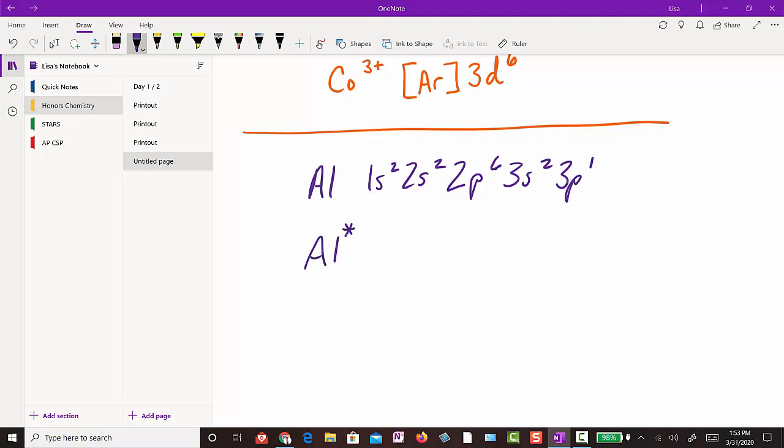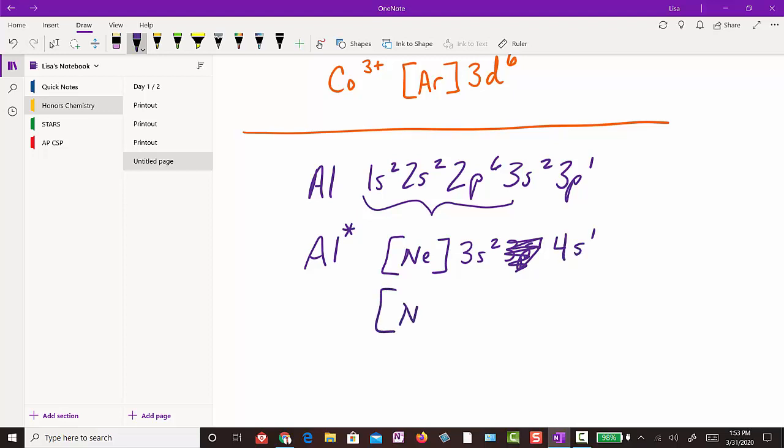All right, so that's aluminum, and a lot of times you'll see excited ones with little asterisks on them. Let me do noble gas shorthand for that. So that would be neon 3s2, 3p1. Sorry, that's the regular one. Instead of 3p1, maybe it's 3s2, 4s1.